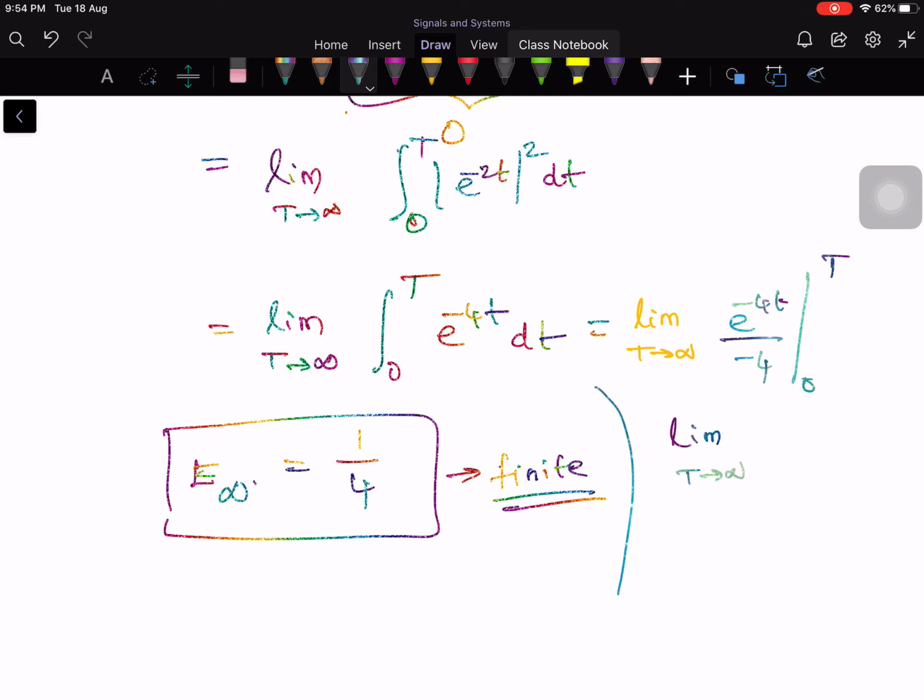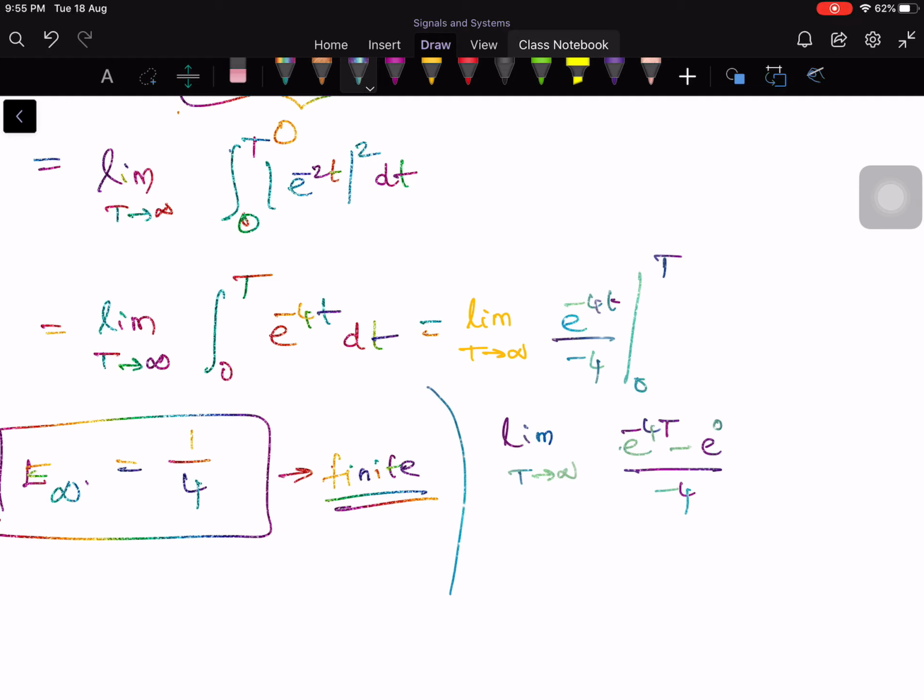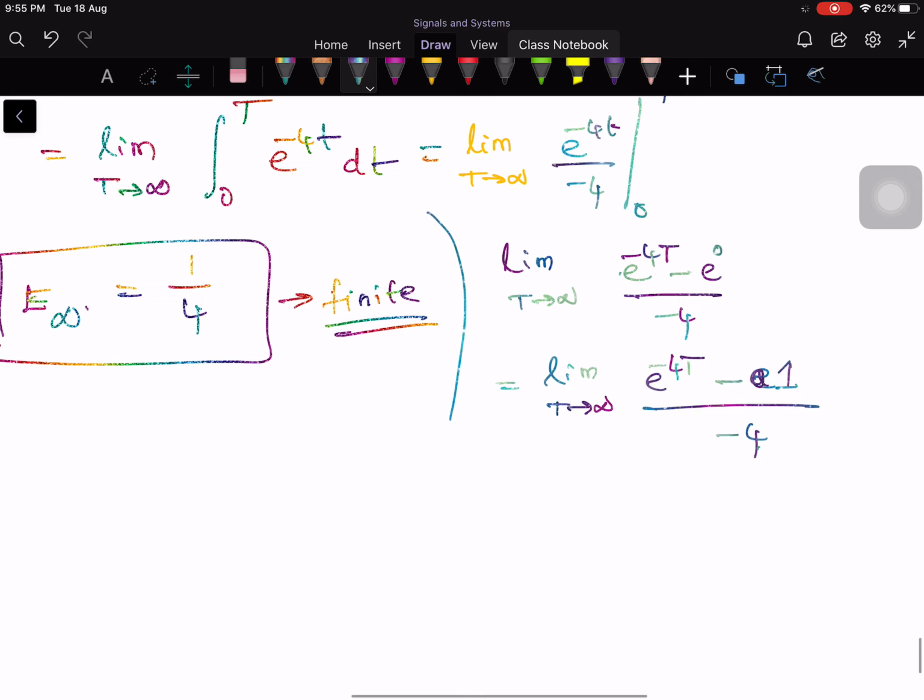What is the upper limit? Upper limit is T, therefore e power minus 4T minus the lower limit, e power 0, all divided by minus 4. Now this is equal to limit T goes to infinity e power minus 4T minus e power 0, which is 1, over minus 4.